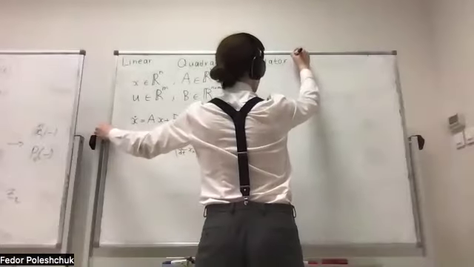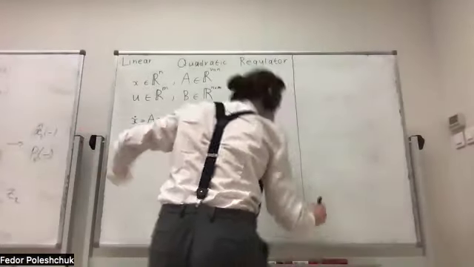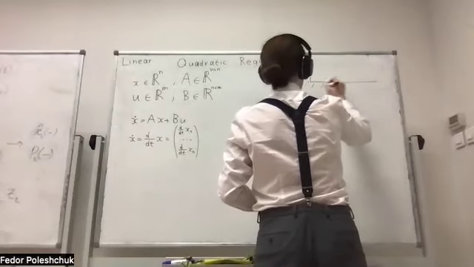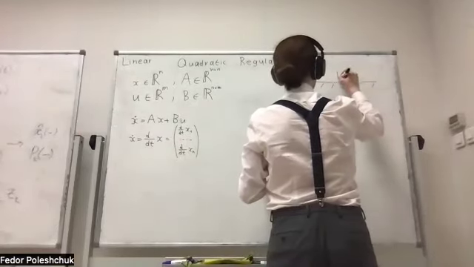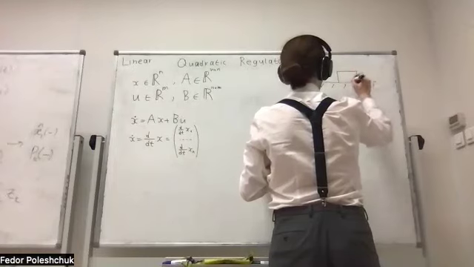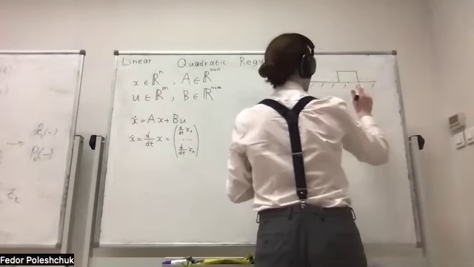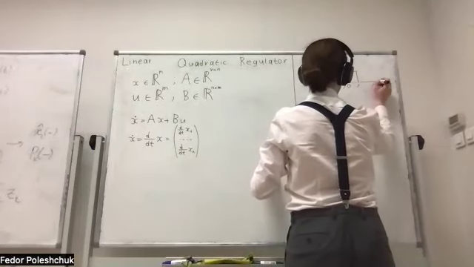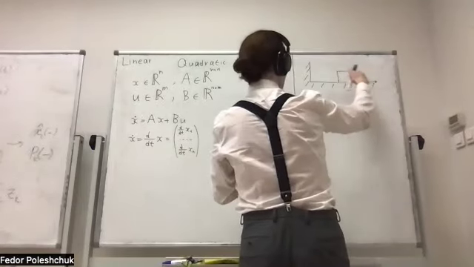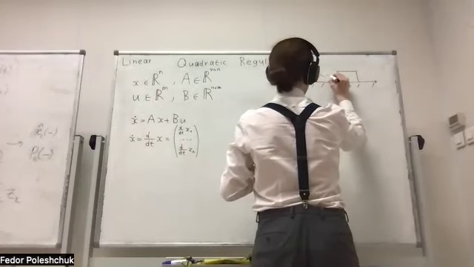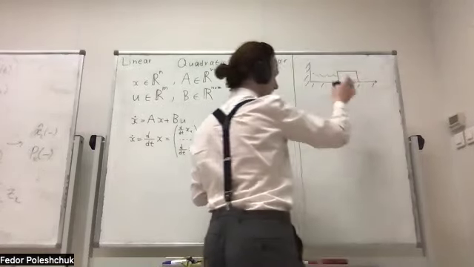Okay, so we can keep in mind this example. Let me just quickly draw it. This is the block, and well, we can start with the case where 0 is here, and we want to stabilize the block to this position, and the spring is relaxed in this exact position as well.